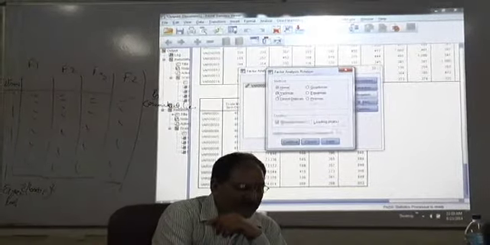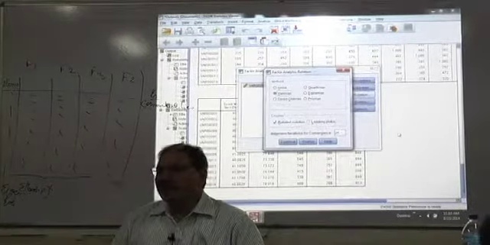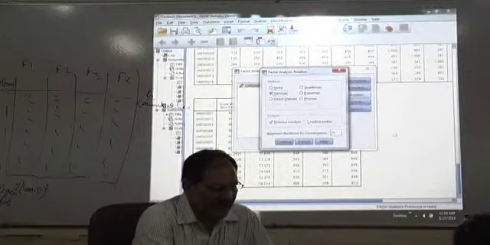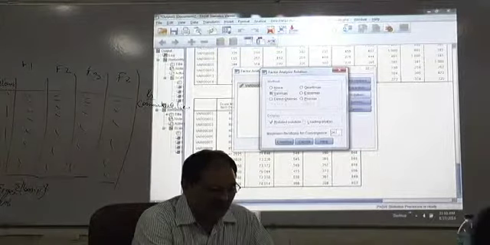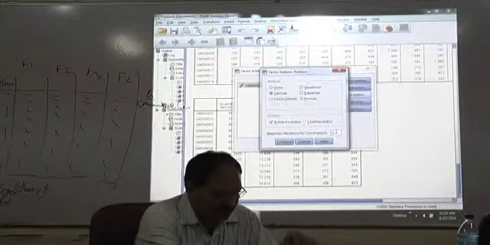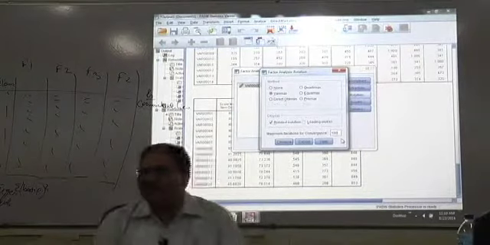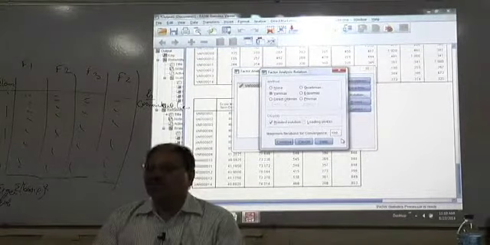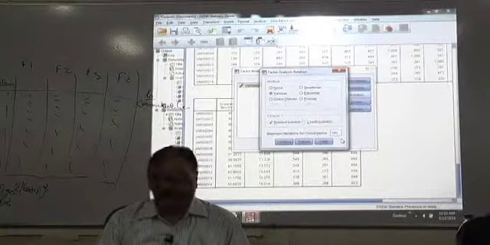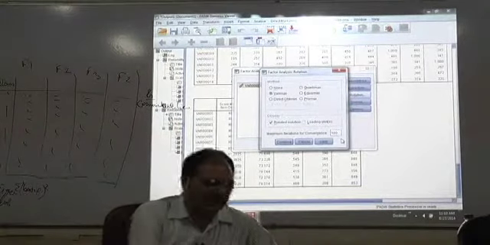So select Varimax. We will be using this rotation. Then maximum iterations again here are 25. This also can be changed to 100. Not only convergence requires iteration, even the rotation requires iteration. And I will show you how the rotation takes place.